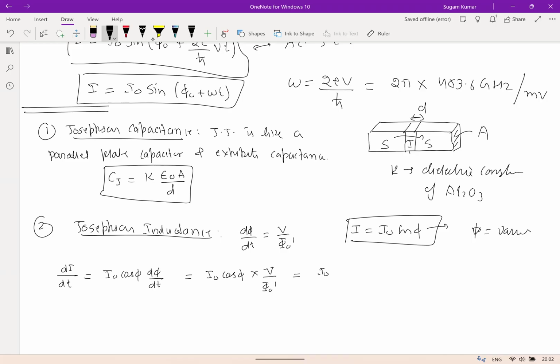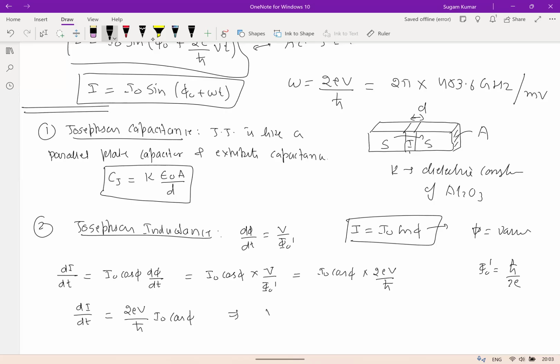This is going to become I naught into cos phi. And what is phi naught dash? This is equal to h bar upon 2e. So put this value, and this is going to become 2eV upon h bar. From there, you can see that dI by dt actually becomes 2eV upon h bar into I naught into cos phi.